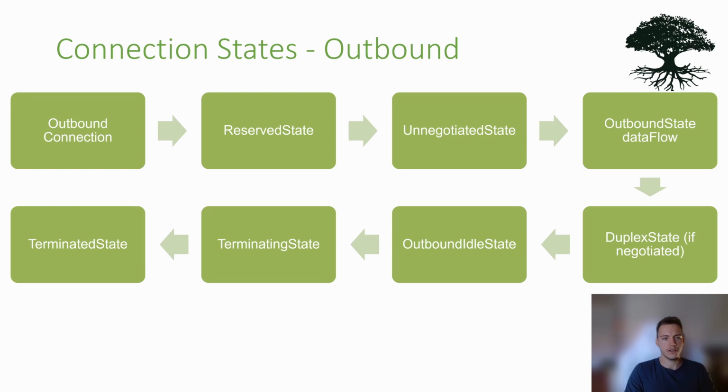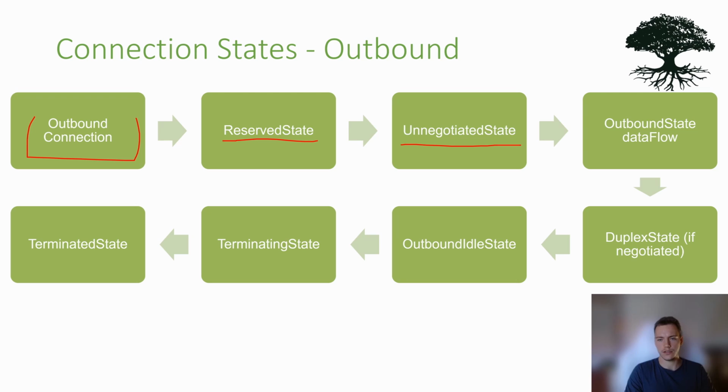Now we'll take a look at connection states. First, for the outbound connection. These states illustrate how a connection progresses from initiation to termination. The outbound connection is first requested by the peer-to-peer governor towards the connection manager to initiate this connection. The connection manager then puts it in a reserved state, which is basically saying, okay, I'm going to do this.